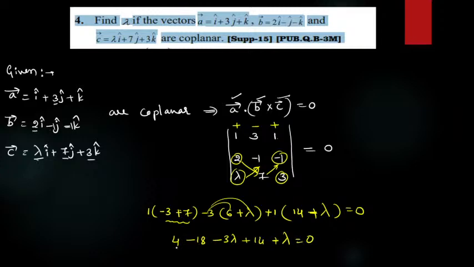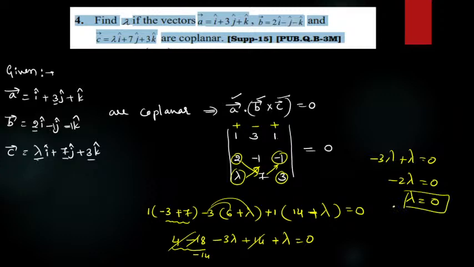Now 4 minus 18 is minus 14, and here plus 14, so they will cancel. Remaining is minus 3 lambda plus lambda equal to 0, or minus 2 lambda equal to 0, so you will get lambda equal to 0 finally. So this is the required answer, only 3 marks here.